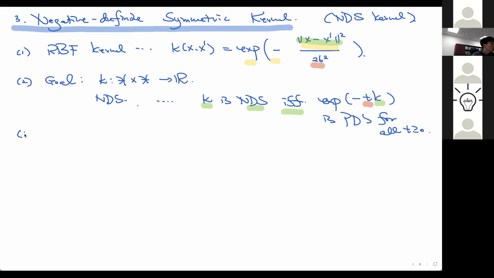So what is going to be the answer to this question? It is the following definition. We say that a kernel K is NDS, meaning negative definite symmetry, if and only if the following is true.